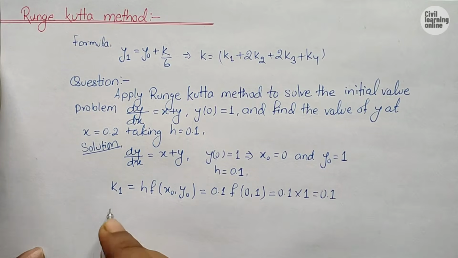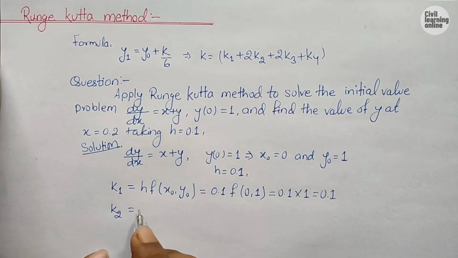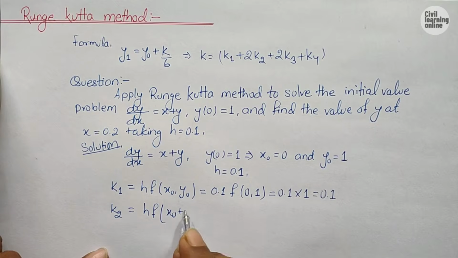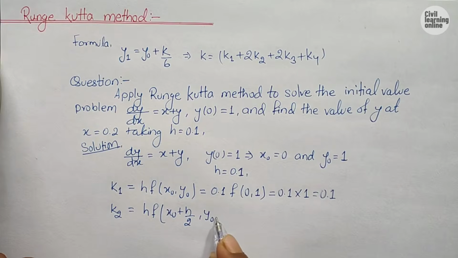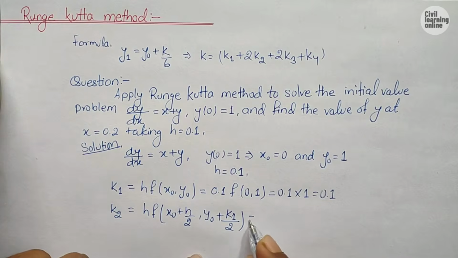Now let us find the value of k2, and we have k2 equals h f(x naught plus h by 2, y naught plus k1 by 2). Aren't they the simple formulas?